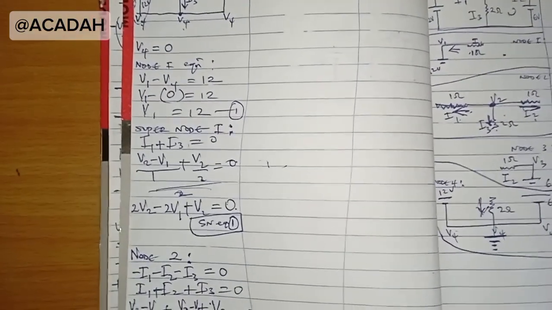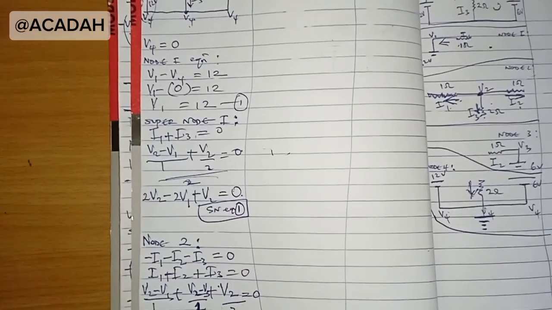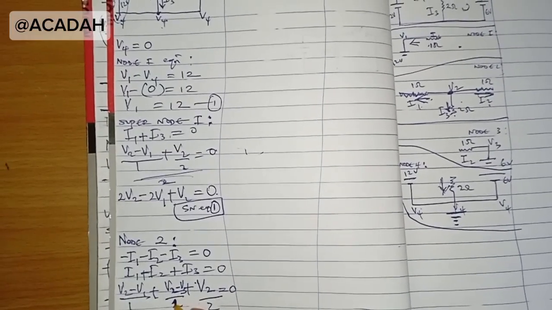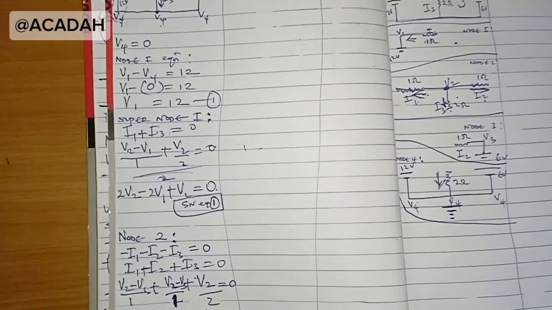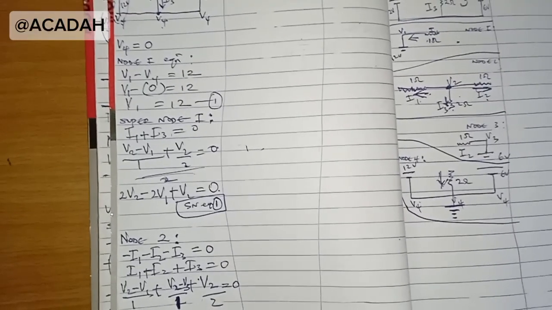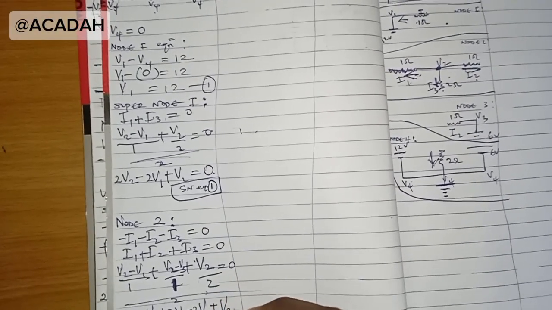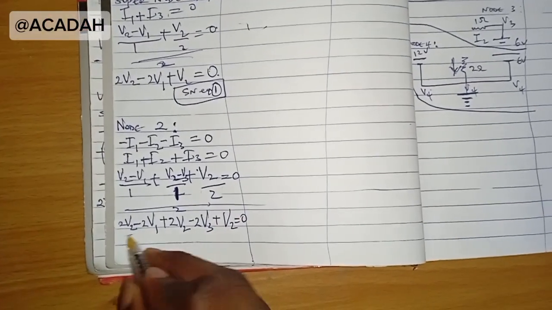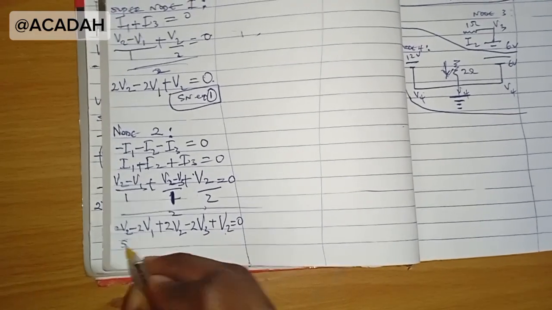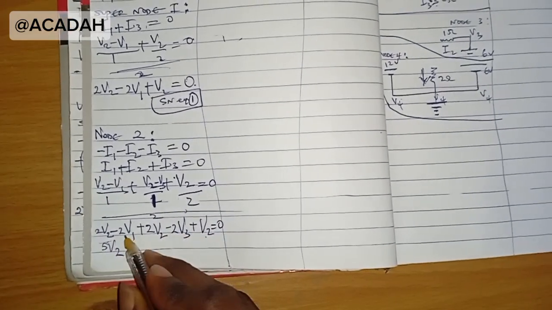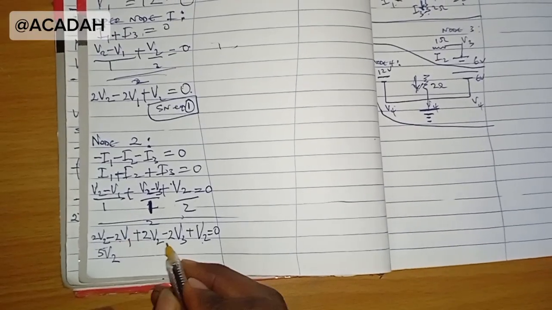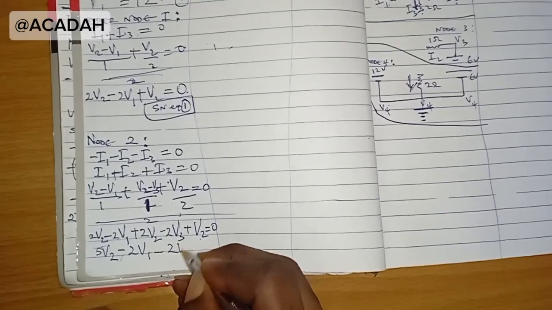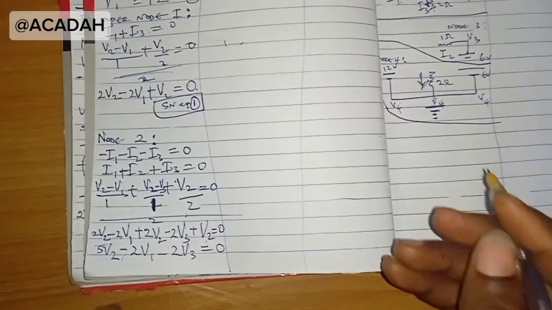If you do it very well, you have 2V2 minus 2V1 over 2, then plus 2V2 minus 2V3 over 1, plus V2 equals 0. If you put this together, V2, V2, V2 gives 5V2, minus 2V1 minus 2V3 equals 0.